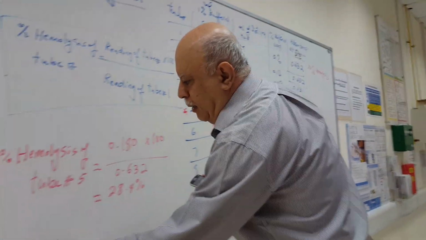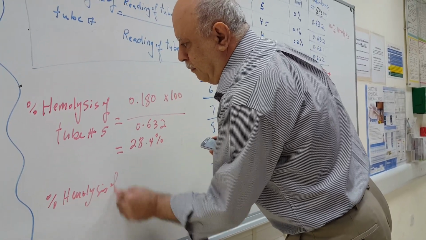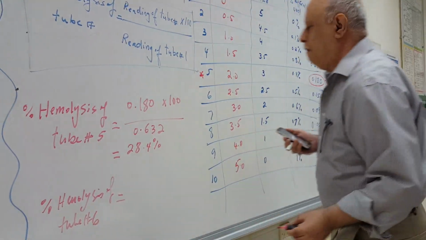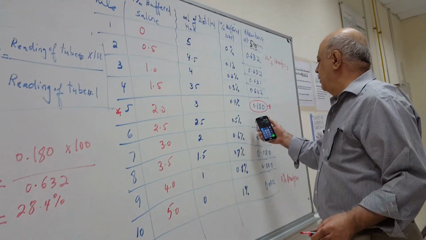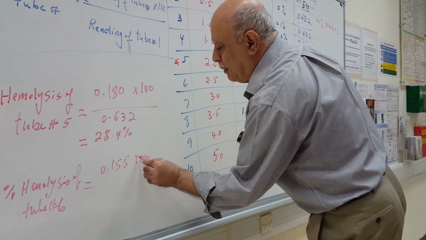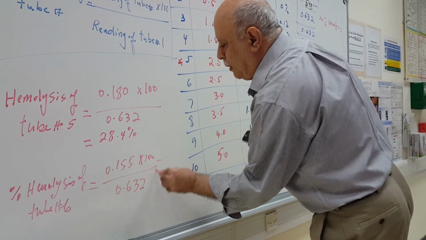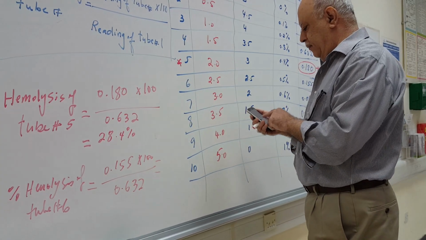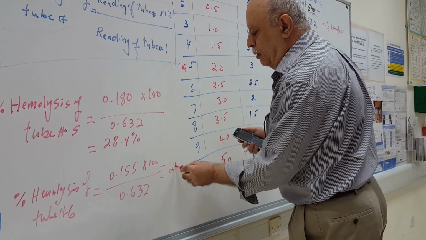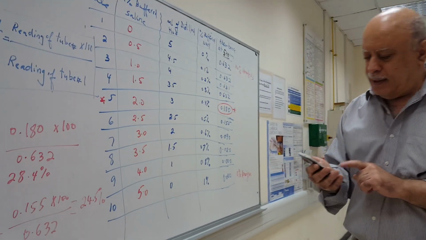Now, hemolysis of tube number 6, for example, reading of tube number 6, 0.155 times 100 over 0.632, we get 155 divided by, 24.5%. Now, how do we interpret the result?